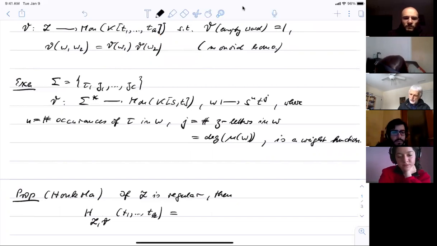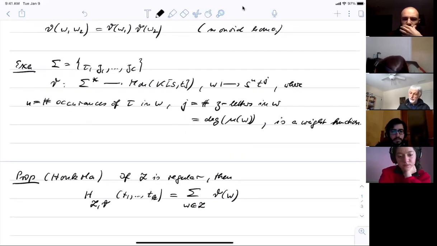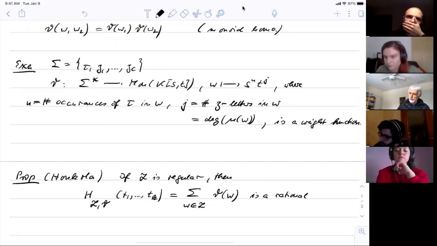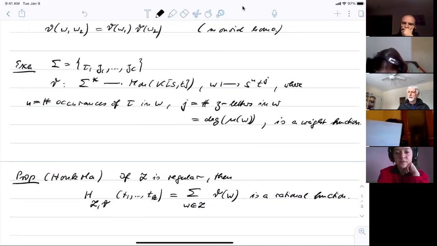That's, by definition, the sum over all words W in the language, and then you sum over the weights of W. And the result is, this is always a rational function. Okay. So that's good, right? We want to determine a rational function. That seems we are on a good path.